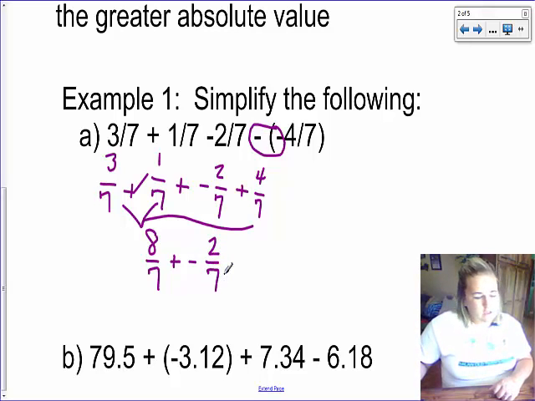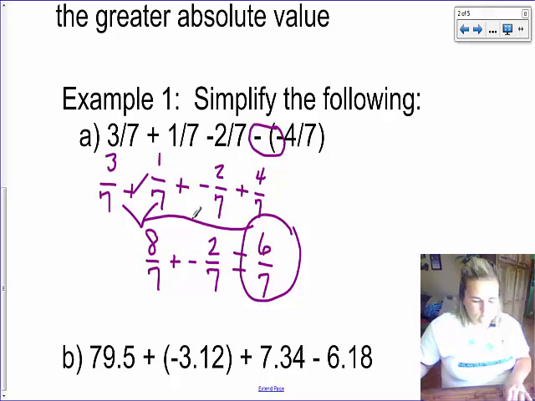So really we're just doing the subtraction here, and 8/7 minus 2/7 is 6/7, and the larger absolute value is 8/7, so it stays positive. So 6/7 is our final answer.